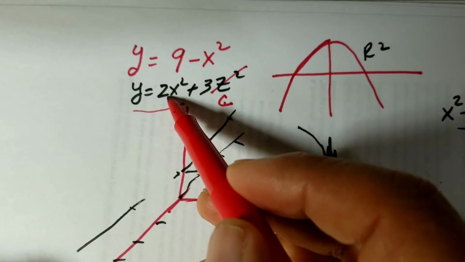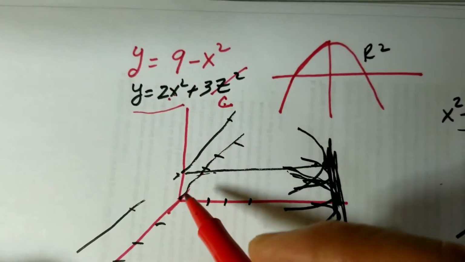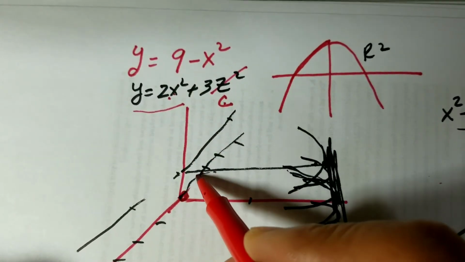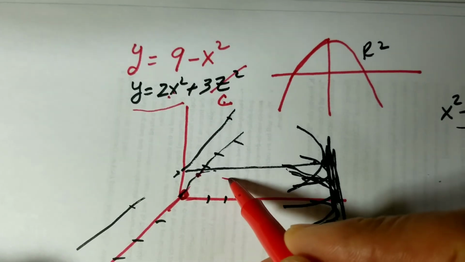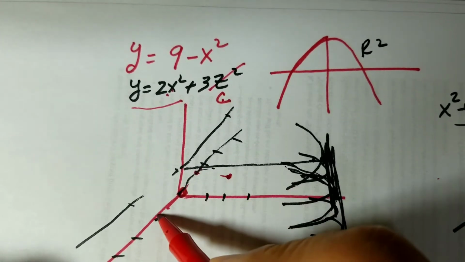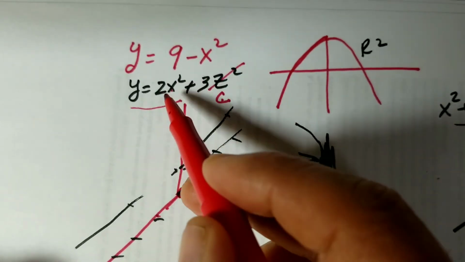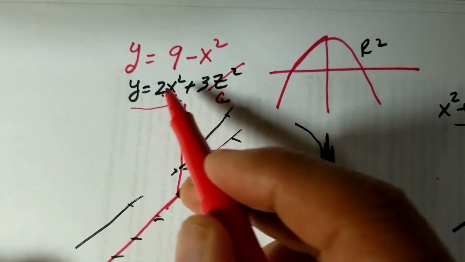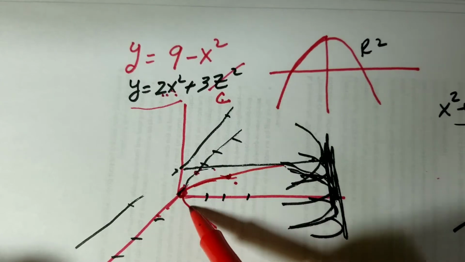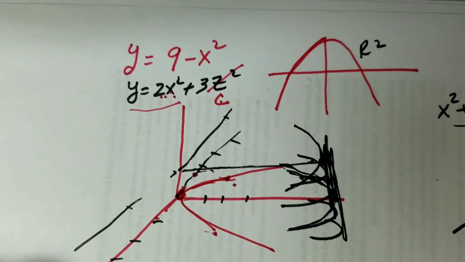And what is the parabola? When x is 0, y is 0. When x is 1, y is 2, and when it's negative 1, it is 2. When x is 3, that becomes 18, and negative 3 becomes 18.